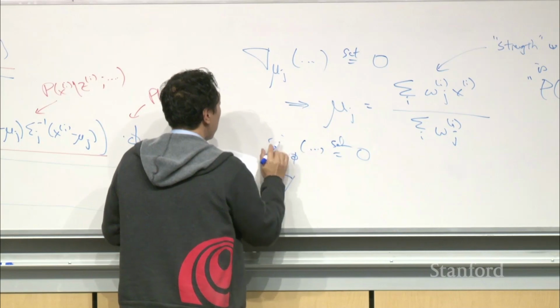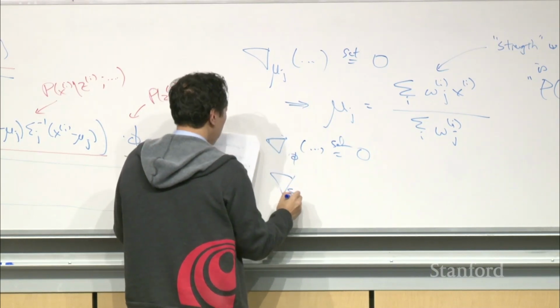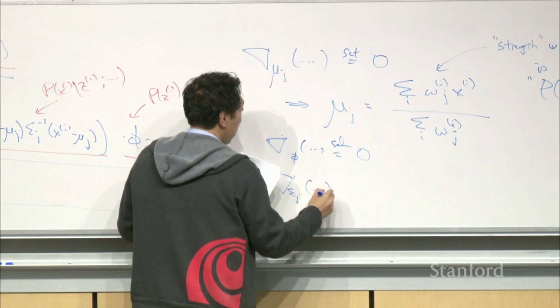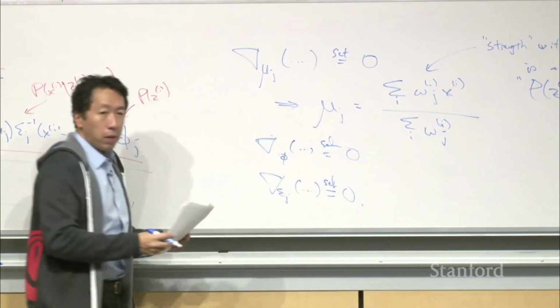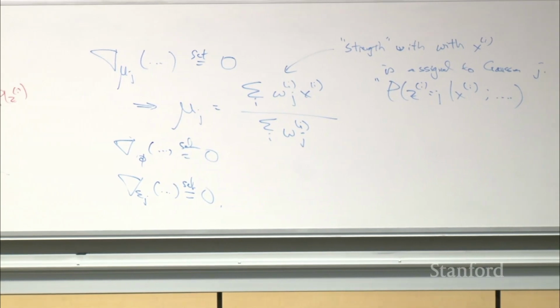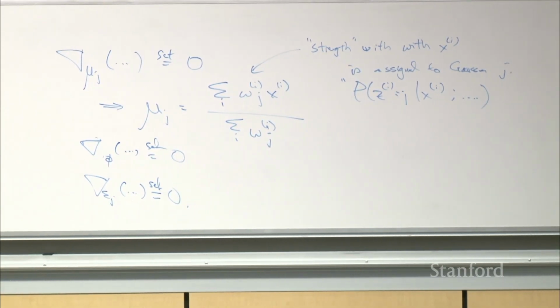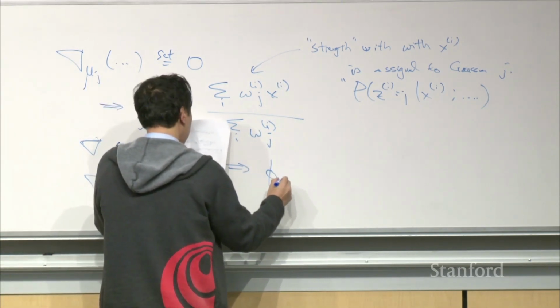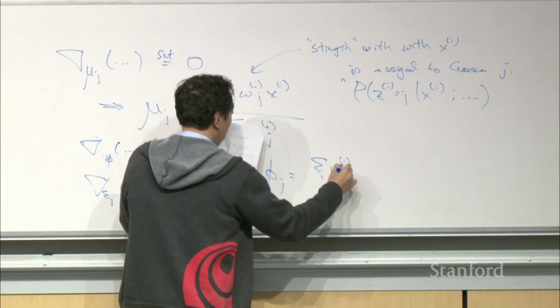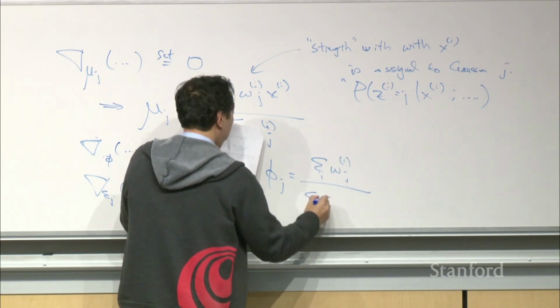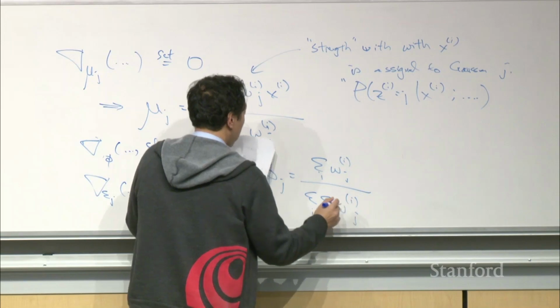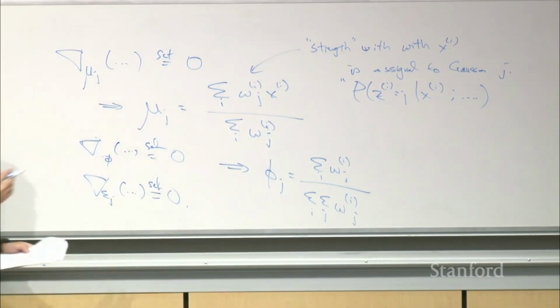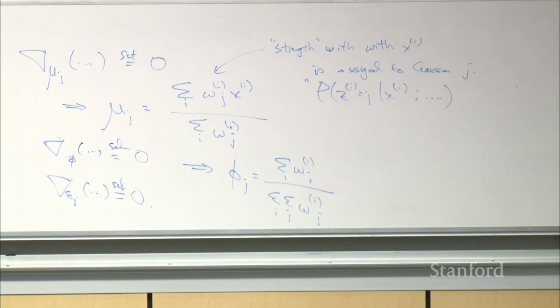Take derivatives of this thing and set that to 0, and that's how you would derive the update equations in the M step for phi and for sigma as well. So for example, when you do this, you find that the optimal value for phi is this. We had this near the start of Monday's lecture as well.